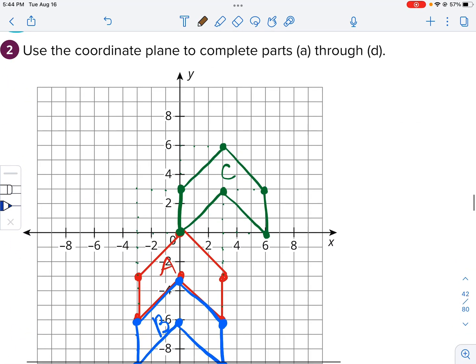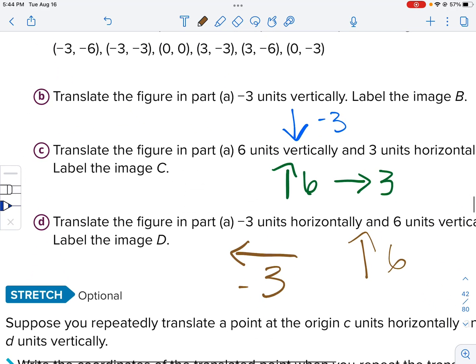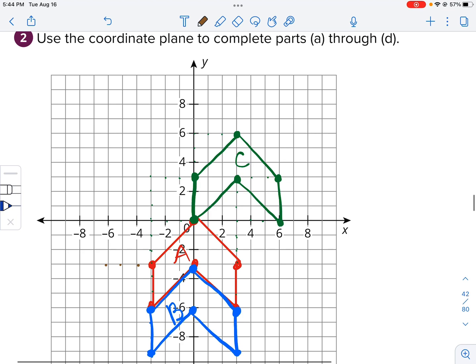Left 3, 1, 2, 3, and up 6, 1, 2, 3, 4, 5, 6. And I repeat that for each point.